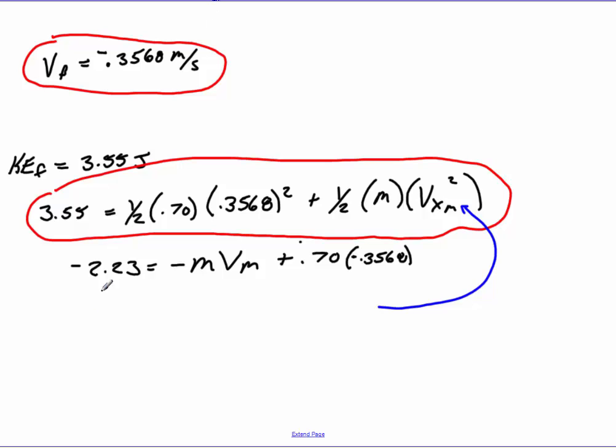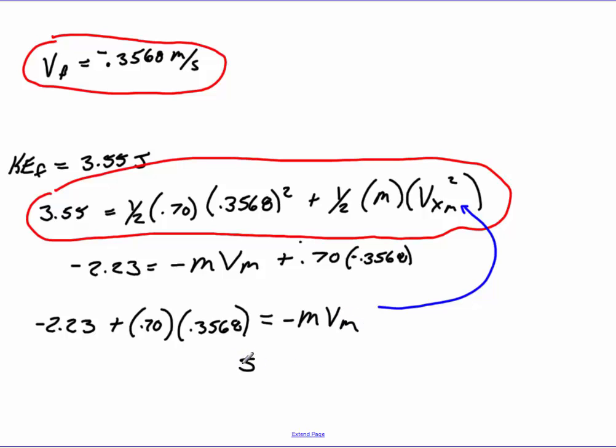So now work this problem here. You're going to get minus 2.23. This is negative, so we'll bring it to the other side. That's going to make that positive. 0.70 times 0.3568 is equal to minus m Vm. We're going to solve for Vm.